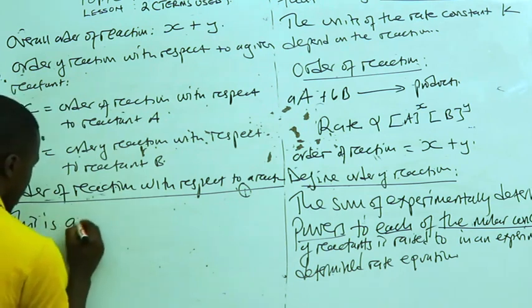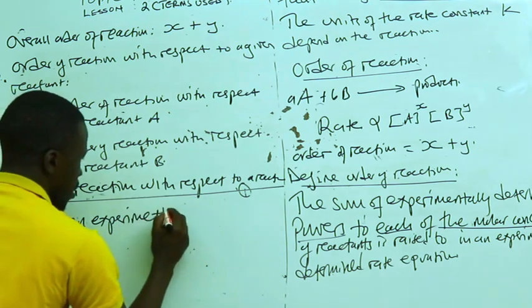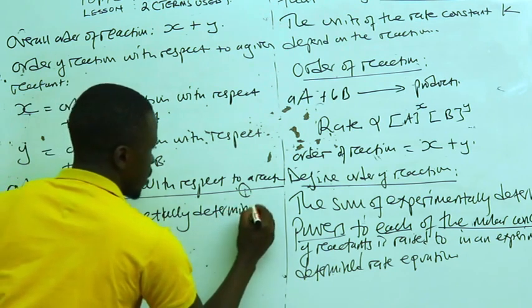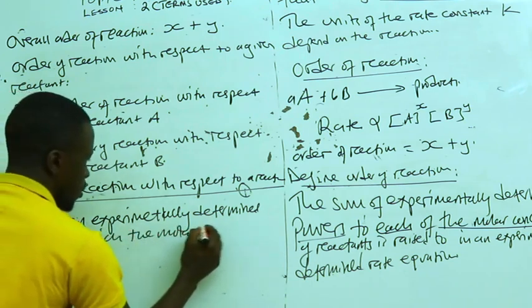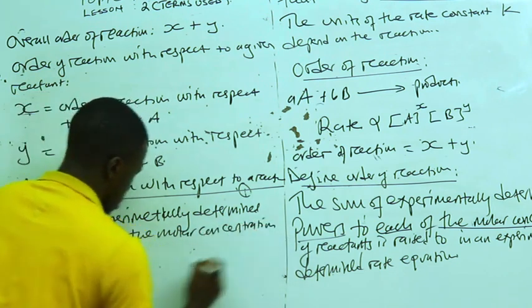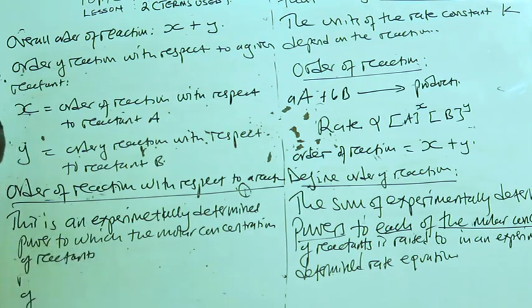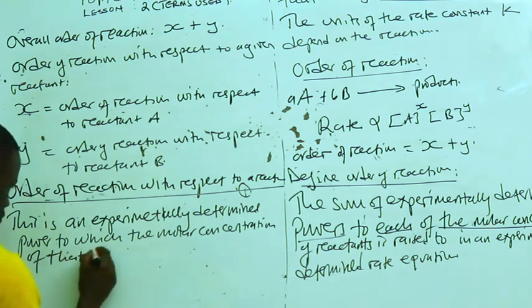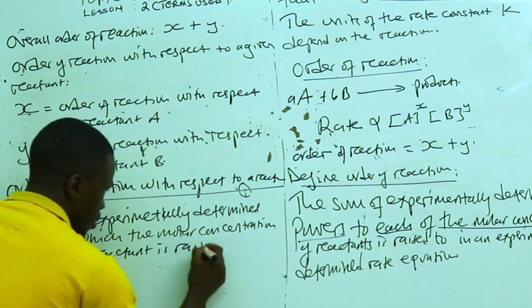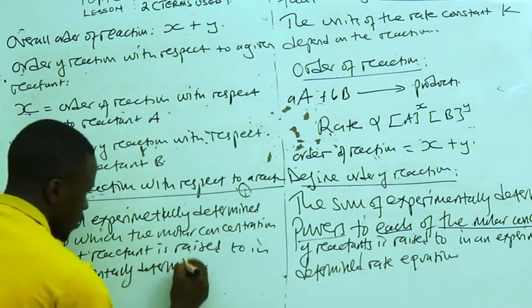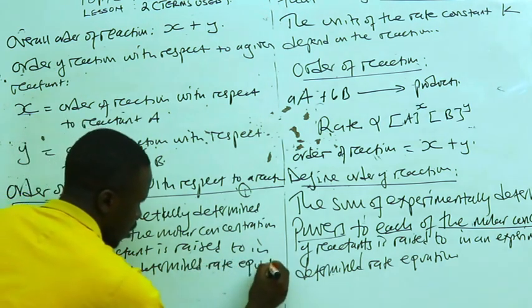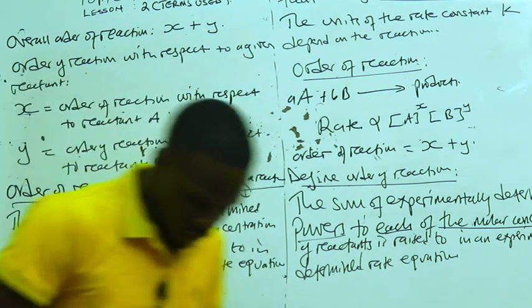This is an experimentally determined power to which the molar concentration of a reactant is raised to in an experimentally determined rate equation. That's what we call order of reaction.